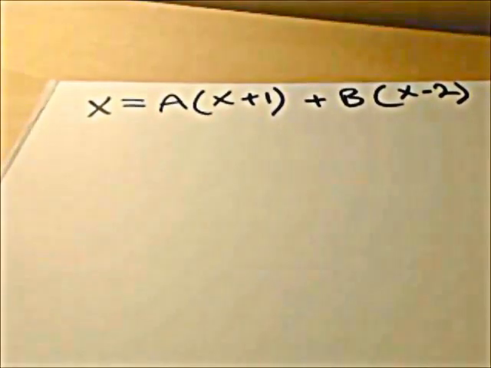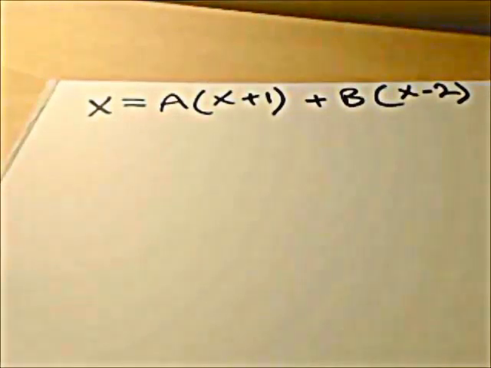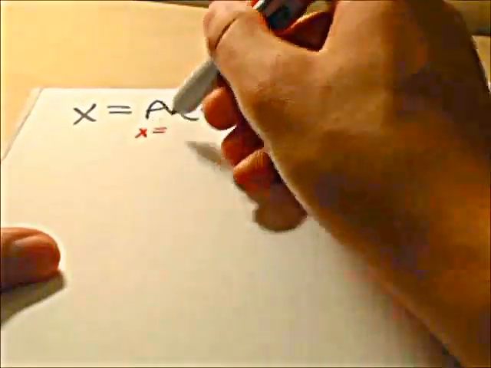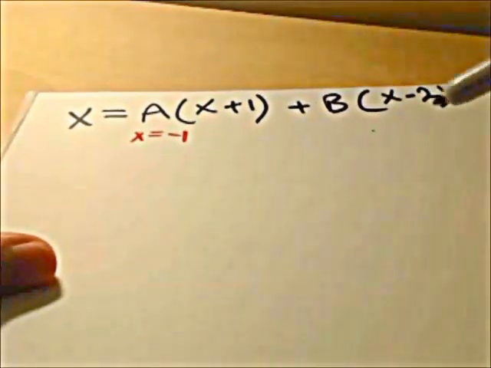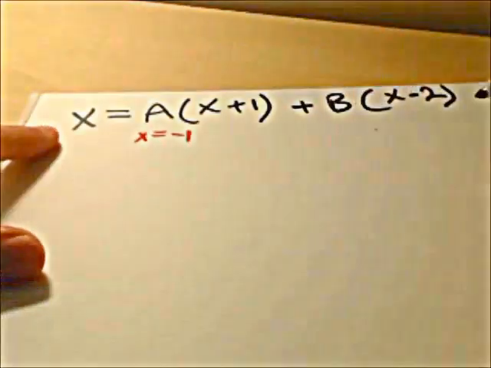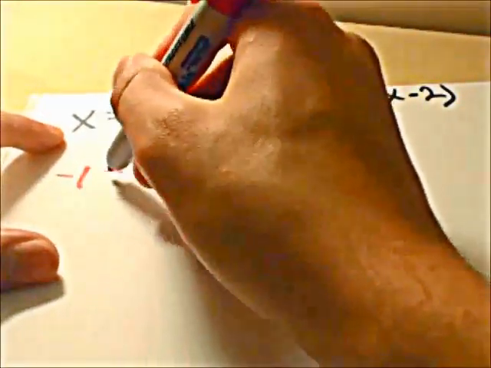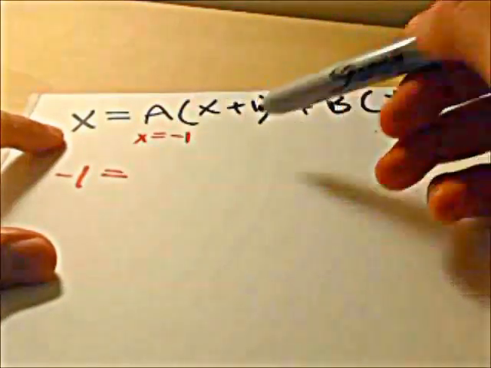That's easy. The first thing we do, as usual, is choose appropriate values for x to find A and B. Here I'm going to start with x equals minus 1 to make that term equal 0, so we can find B and end up with one unknown. Substituting into all the x's, this side is minus 1 equals, well, the whole A term is going to be 0 because minus 1 plus 1 is 0.